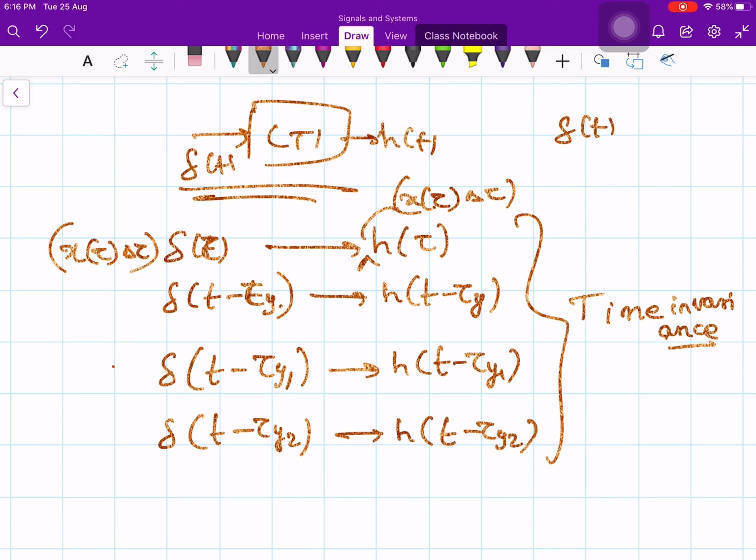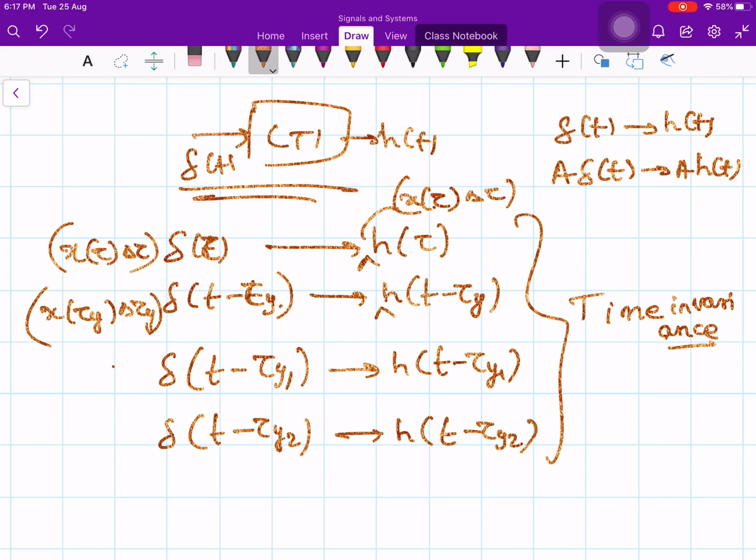By the homogeneity property, a times del of t gives rise to a times h of t. Therefore, whatever you put here, x of tau y times del tau y, the same thing will appear here also.